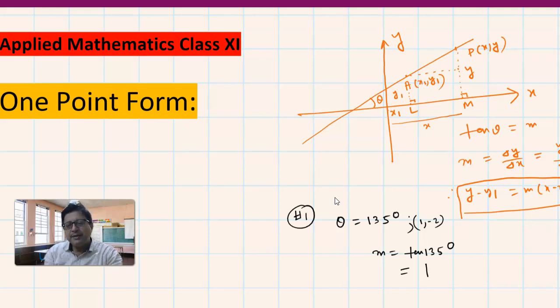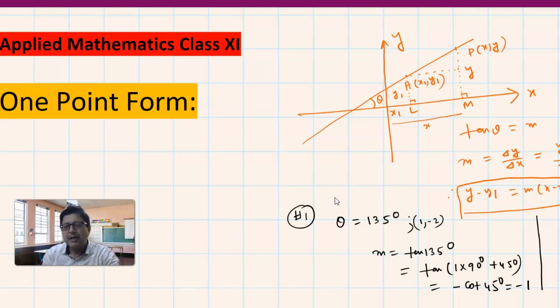Tan 135 is tan of 1 into 90 plus 45. You know it will be changed to minus cot 45. This is minus 1. And the point is 1, minus 2. We can replace x1 by 1 and y1 by minus 2. We get the required equation of line.